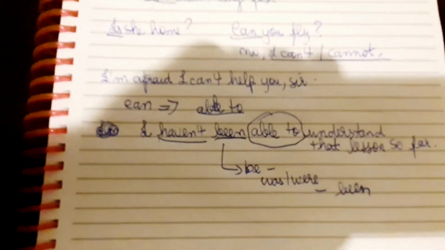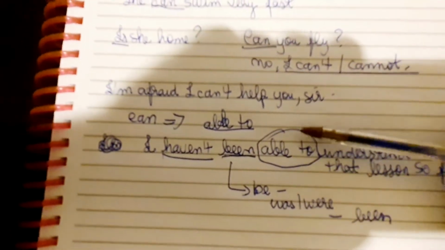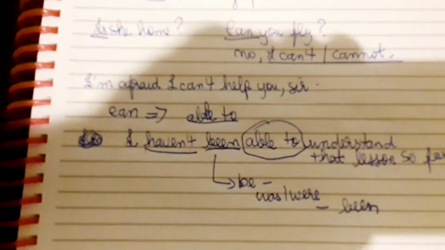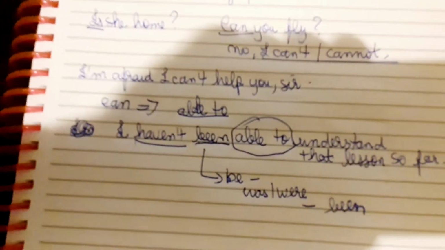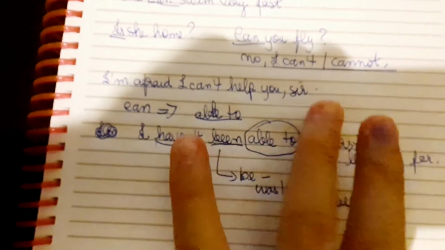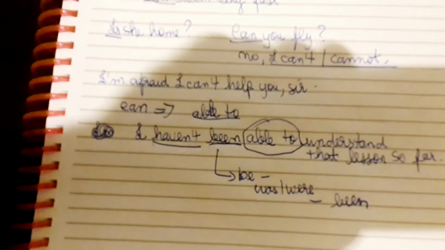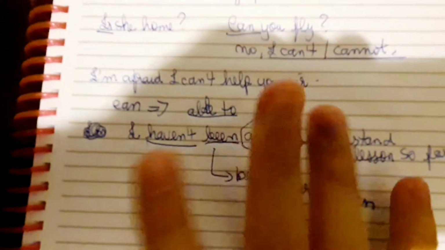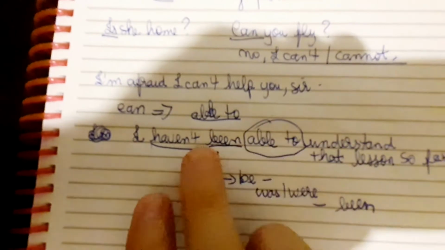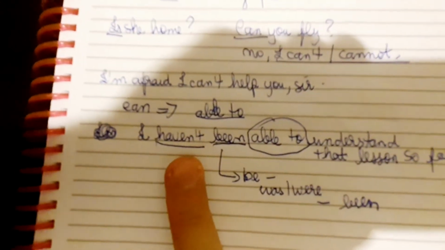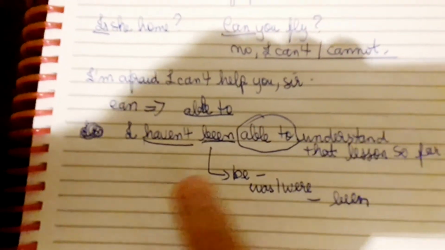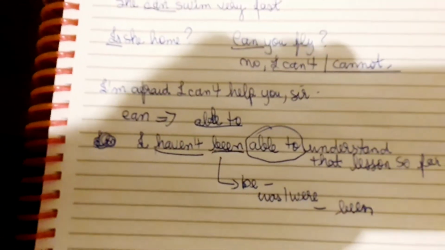See why it's important to understand other verb tenses, because you can join two verb tenses together. You can join two verbs together. We studied the present perfect some lessons ago, and being able to is a new one that you didn't know.